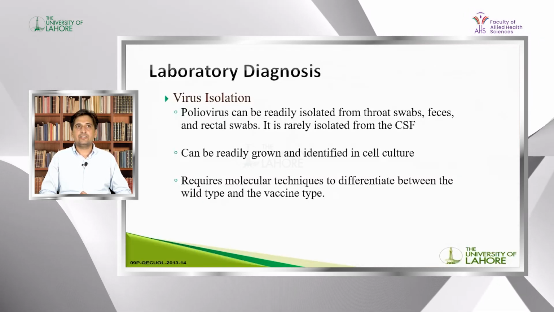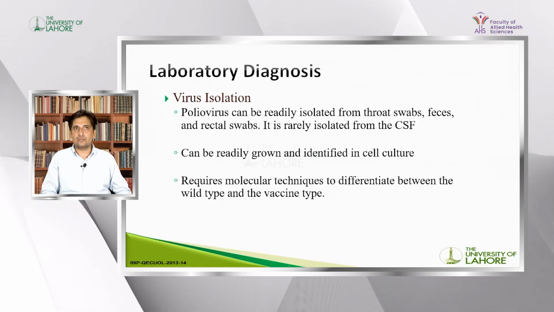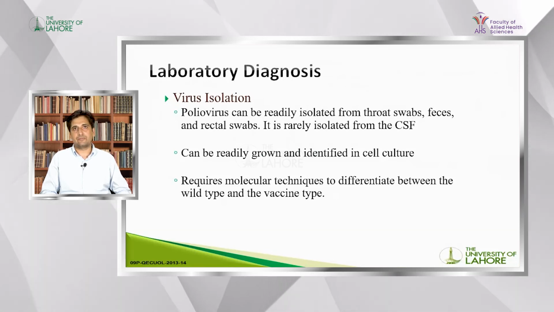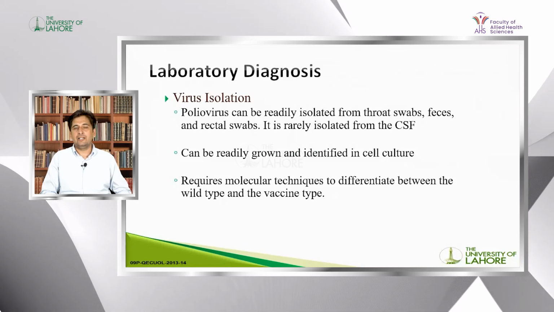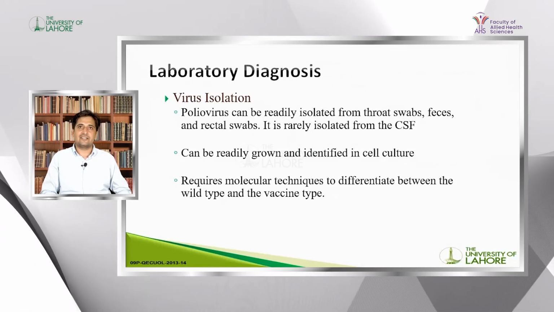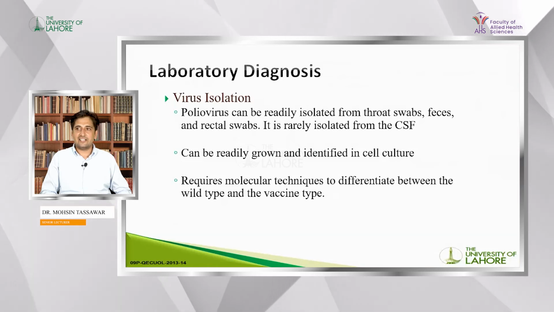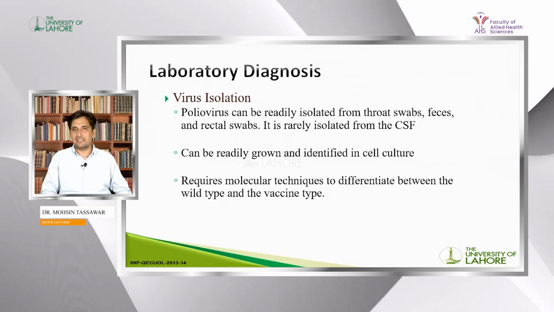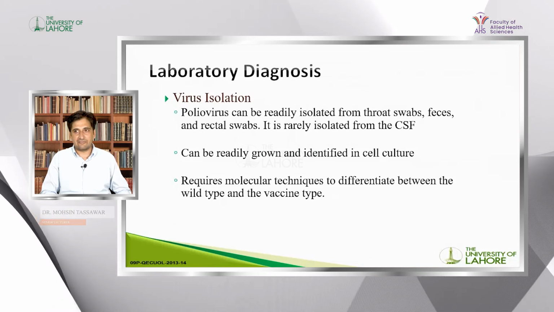For the laboratory diagnosis of the poliovirus, the first thing is you can isolate the poliovirus from the throat swab, feces and rectal swab, but it is rarely isolated from the CSF. The poliovirus can grow readily in cell culture and can be identified in cell culture using different CPEs.